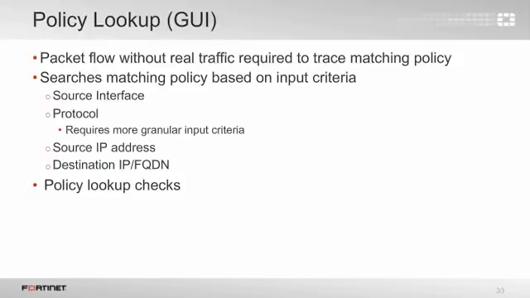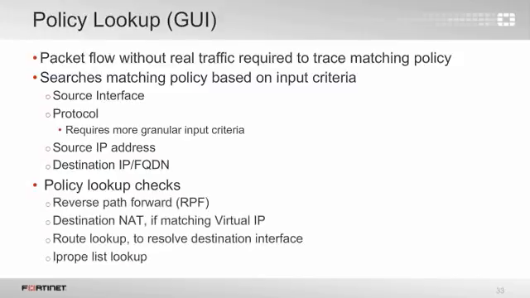Depending upon the protocol you select, for example, TCP, UDP, IP, ICMP, and so on, you need to define other input criteria. For example, when you select TCP as a protocol, you need to define the source address, source port, which is optional, destination port, and destination address.